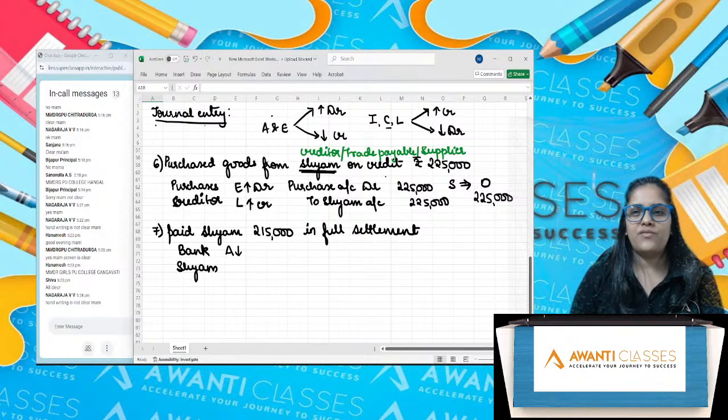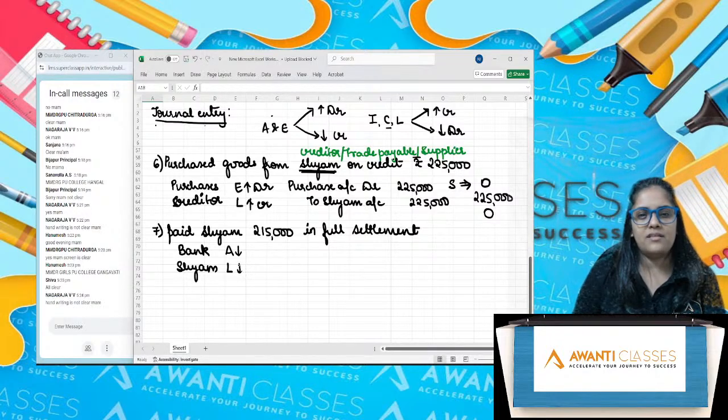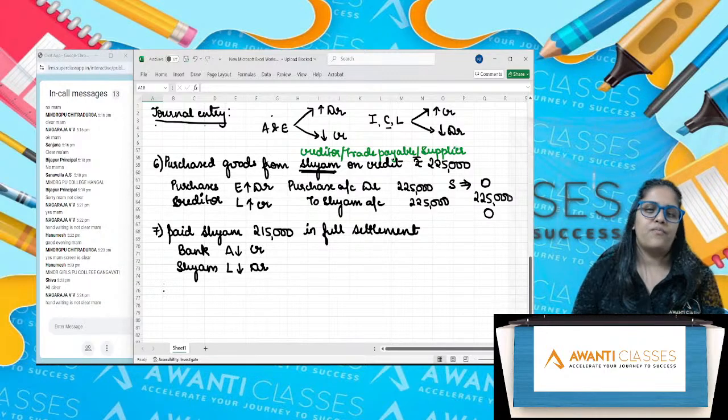And Shyam, as we have discussed, is the creditor, so creditor is always a liability. If we are paying off Shyam, from 2,25,000 he will become zero again. So Shyam's balance is decreasing, so liability is decreasing. Therefore, we should debit. And asset decrease, we should credit.